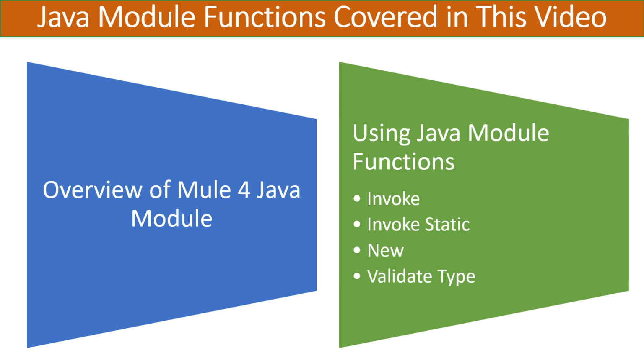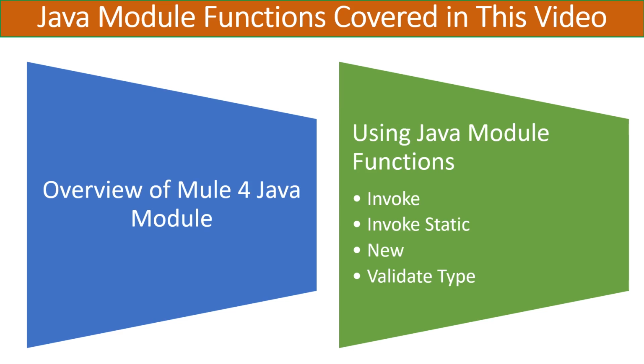And the use cases where we might have a need to use Java module can vary depending on your organizational needs. But take an example that you are implementing your integration flows using AnyPoint Studio with Mule 4, but you have a lot of legacy Java code which is already written by your Java team, but you don't want everything from Java to be converted into the message flows using some of the available connectors or available module functionalities.